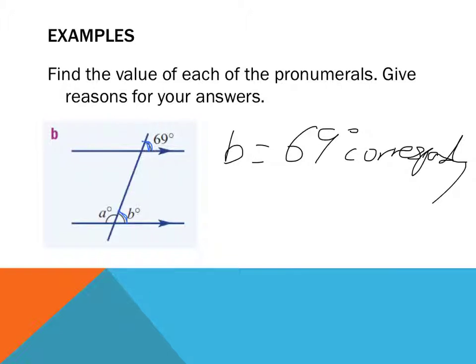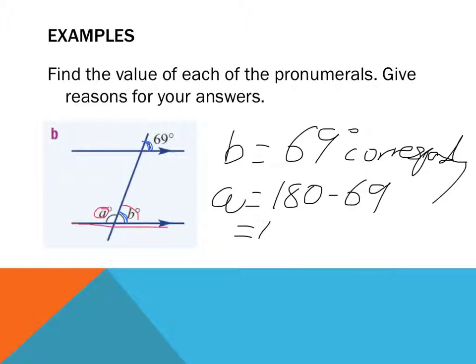Now A. How do I work out A? Well, isn't that interesting? A and B are both sitting on a straight line. So if it's 69 degrees from there to there, A is going to equal 180, because it's a straight line, minus 69, which will equal 111 degrees.